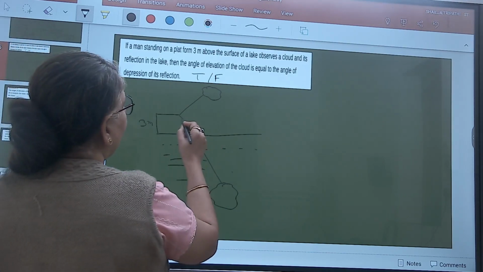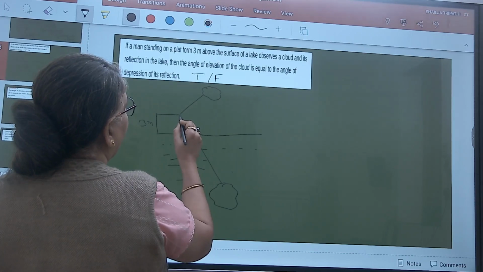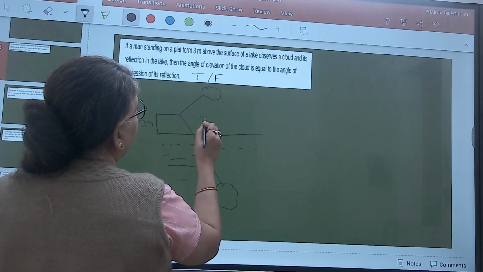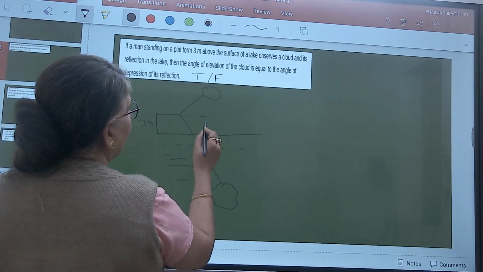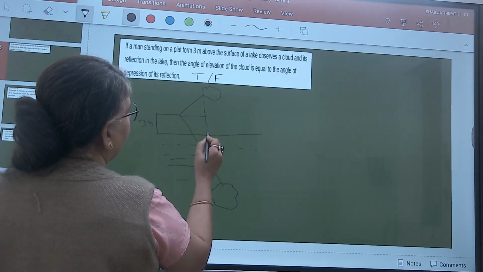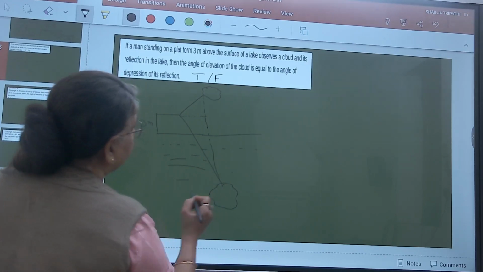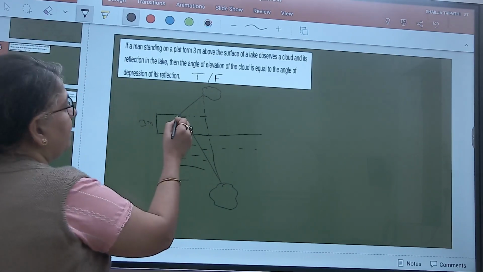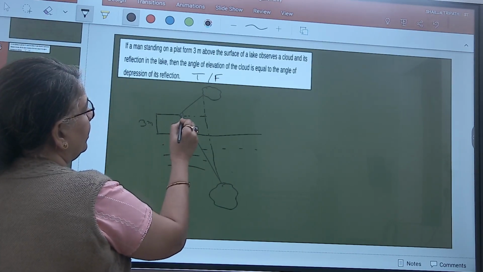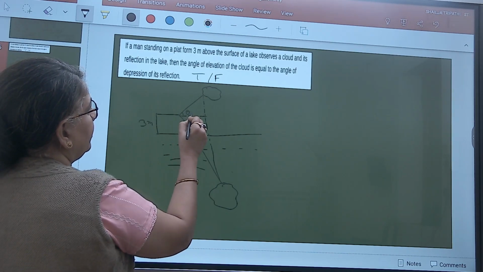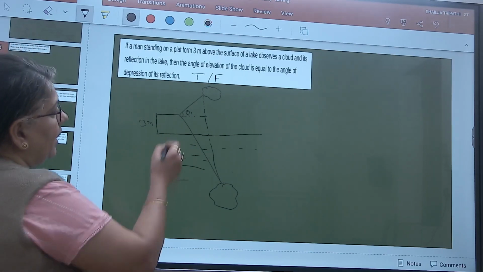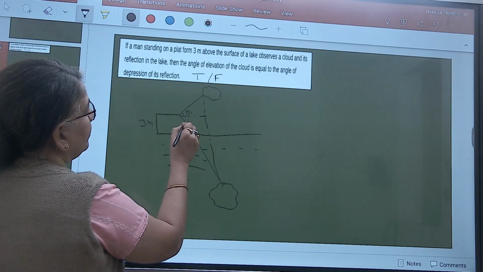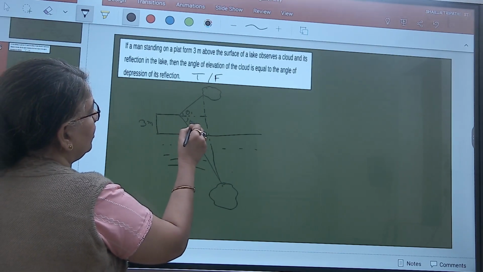So what we'll do, draw a line parallel and then we draw this distance also. If the man is standing here and observing, let this angle be theta 1. So the angle of elevation is theta 1 and the angle of depression is theta 2.